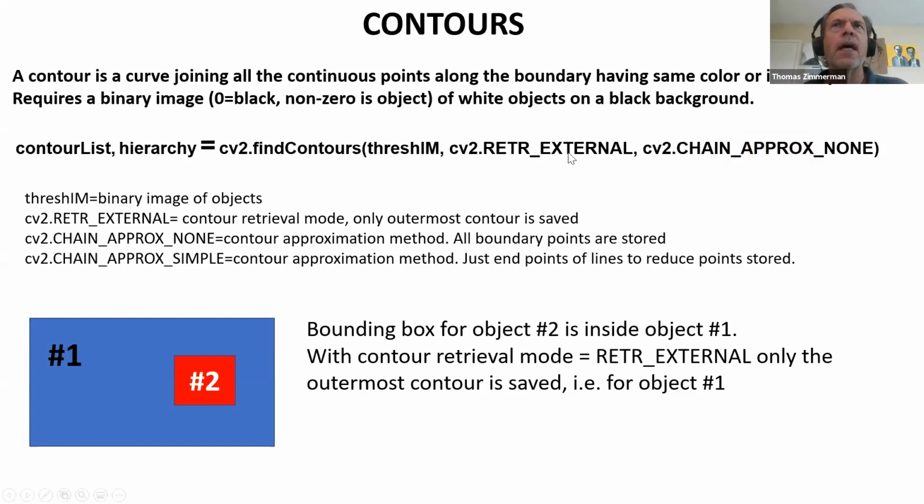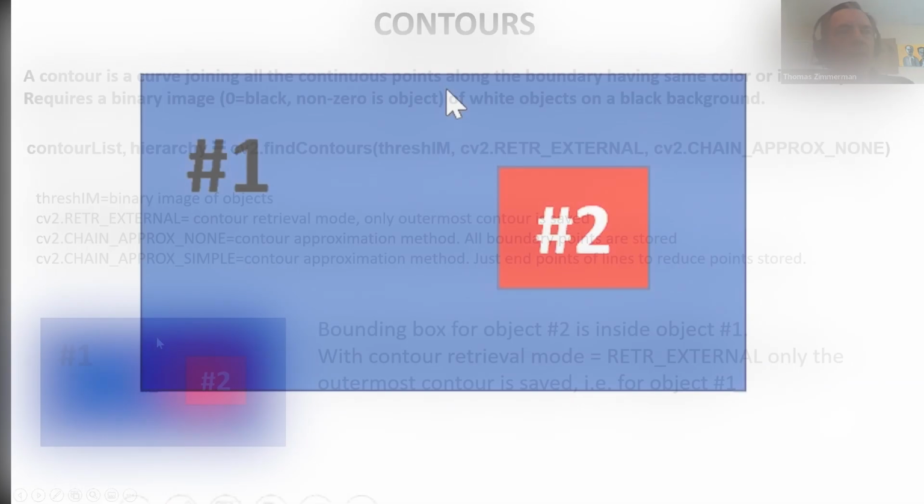And so we've got to talk about hierarchy for a second. If you have, especially if you didn't do the blurring, and it has two outlines, remember, like we talked about holes, if we had a Stentor, a cell, and then inside the nucleus had a different contrast, different intensity, and it thresholded to be another object inside, you'd have an object inside of an object.